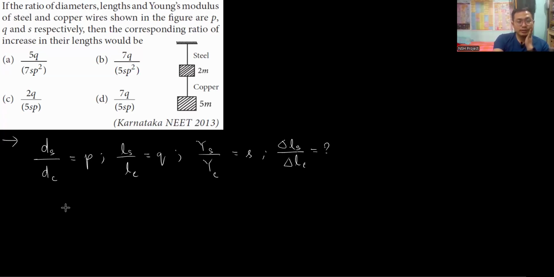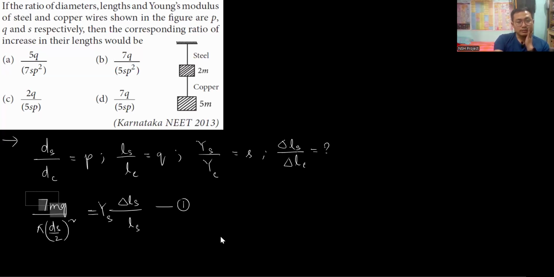For steel, mg divided by the diameter, so diameter square, constant pi, then d by 2 whole square. It is equal to Young's modulus of steel and then delta L of steel divided by total length L of steel. This is equation 1.